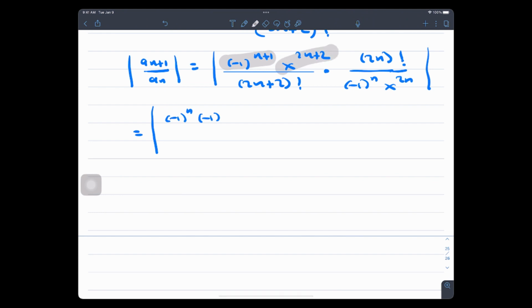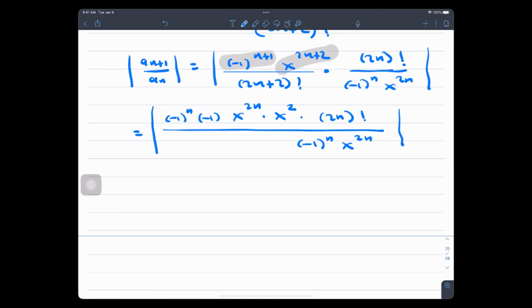And what about this algebra? What's that going to be? The x to the 2n times x squared. Properties of what? From beginning algebra. And you get 2n factorial over, now I'm going to put this here, negative 1 to the n, x to the 2n here.